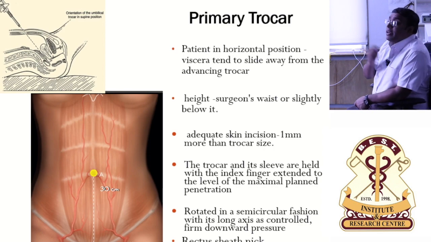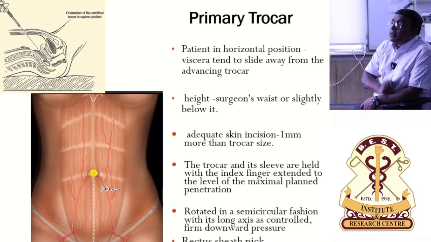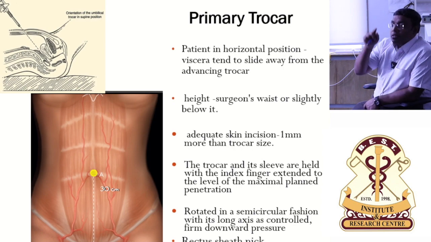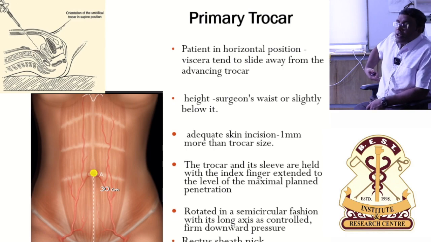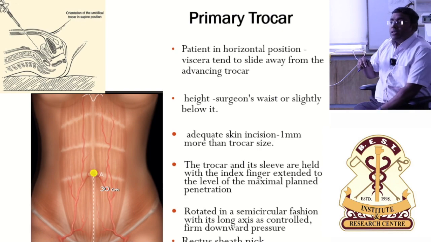Second thing is, a secondary trocar should always go perpendicular to the abdominal wall till you reach the peritoneum. Once you pierce the peritoneum, it has to be pointed towards the organ of surgery. For example, when doing a laparoscopic cholecystectomy, you insert here, go perpendicular till you see the peritoneum.